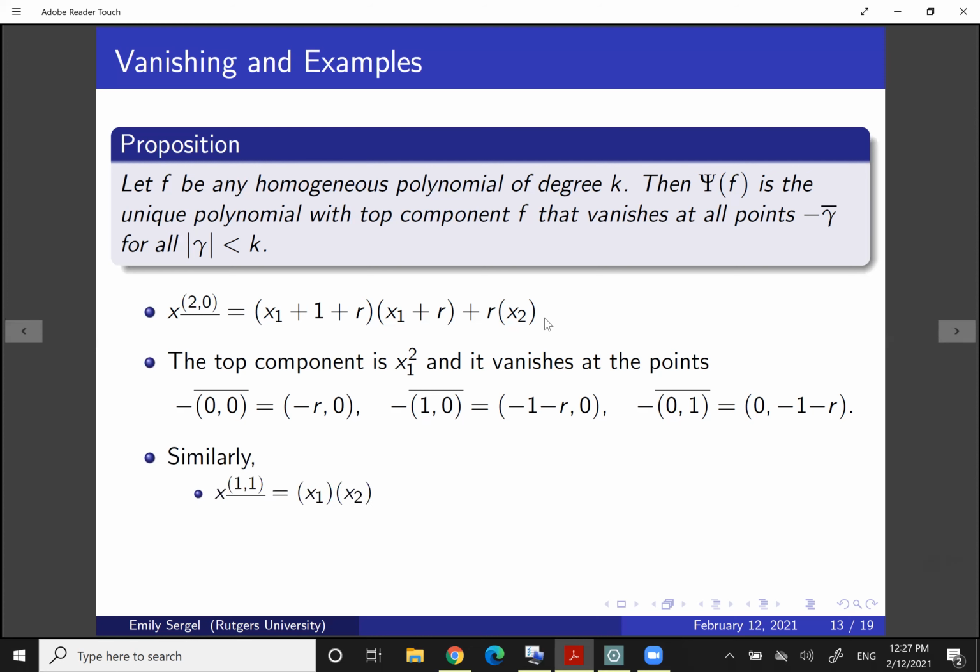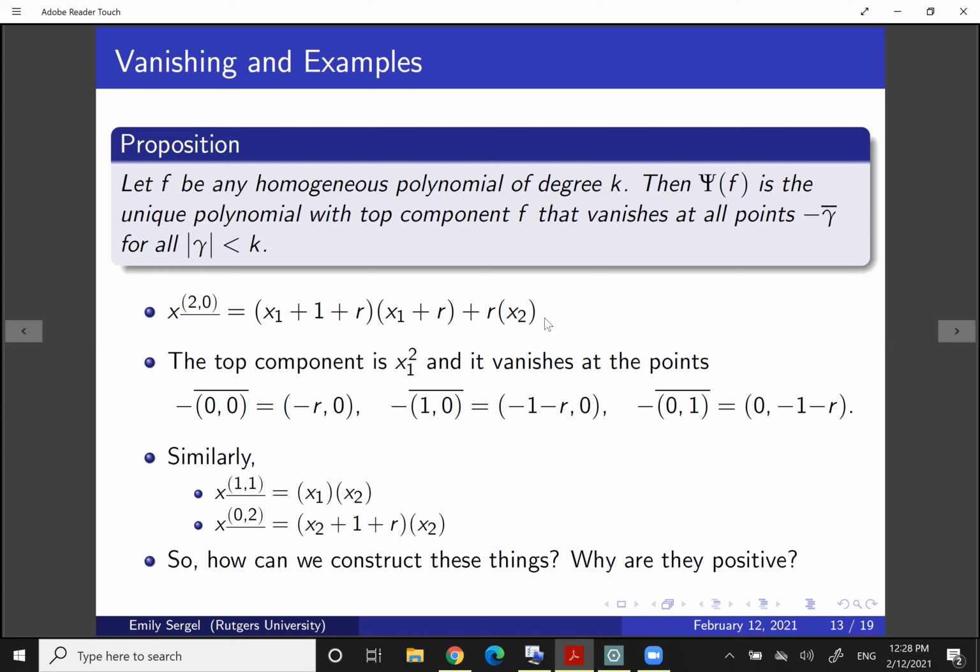Oh, x1 times x2, that kept occurring in the examples. x2 plus 1 plus r times x2, that kept occurring in the examples. So what we were really seeing when I wrote those interpolation polynomials down was that I had already decomposed it into bar monomials without telling you. And then all the vanishing properties were exhibited in a really nice way, especially for the lower vanishing more than the upper vanishing.